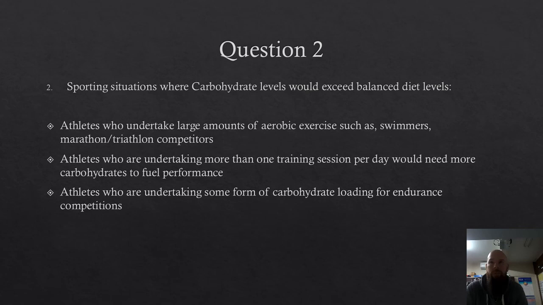So the athletes will do something called carbohydrate loading, whereby they will have a massive meal of pasta or rice or potatoes or something like that, something that contains a high amount of carbohydrates, so as to increase the amount of carbohydrates stored in the body, in an effort to stock up on energy.